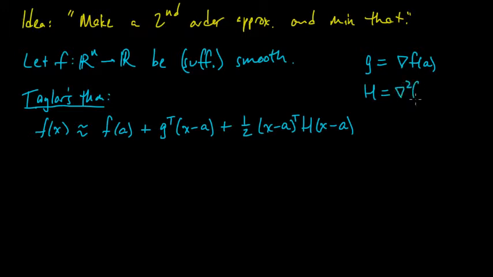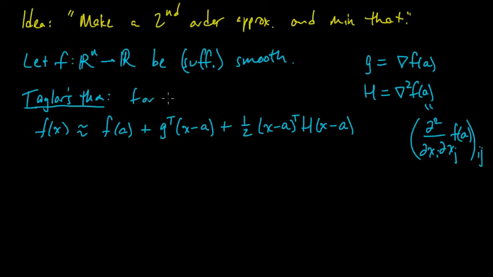Sometimes we write this as all the second partial derivatives with respect to x_i and x_j, evaluated at a, for i and j going from 1 to n. So that's Taylor's theorem, and this is for x near a.